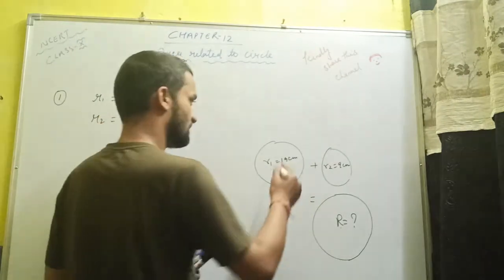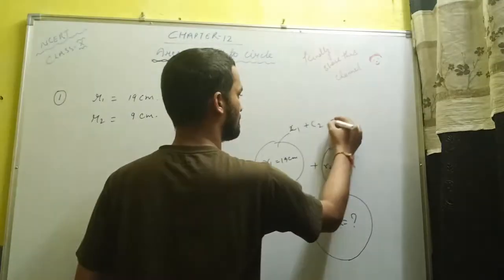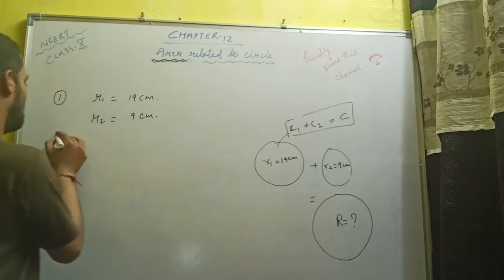It means the circumference C1 plus C2 must be equal to C.